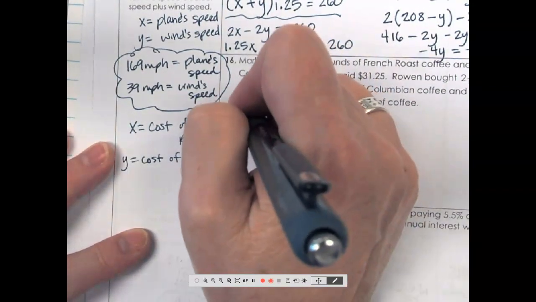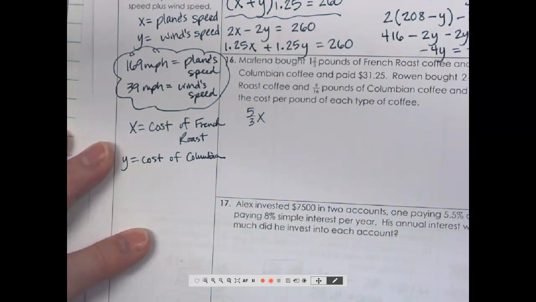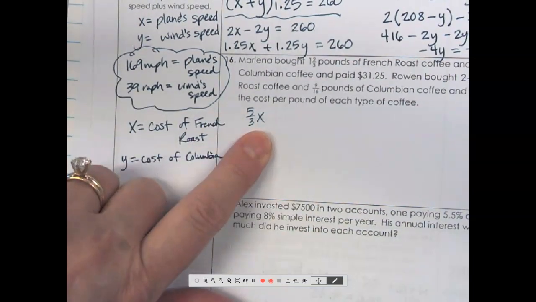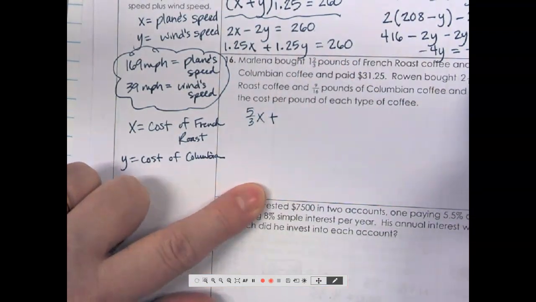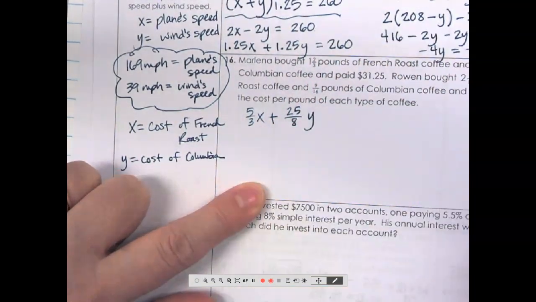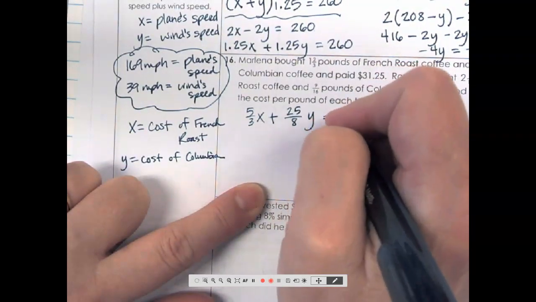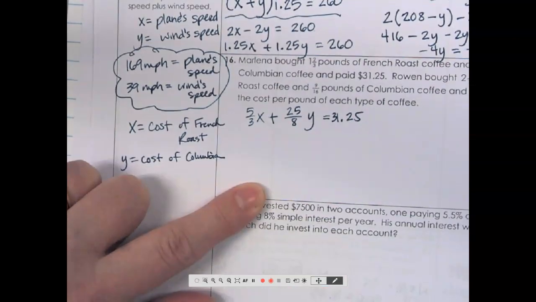Switch to an improper fraction. 5/3 of that French roast cost. Pounds times cost per pound. Plus 3 1/8. That's 24 plus 1, 25/8 of the Colombian. And all together she paid $31.25.